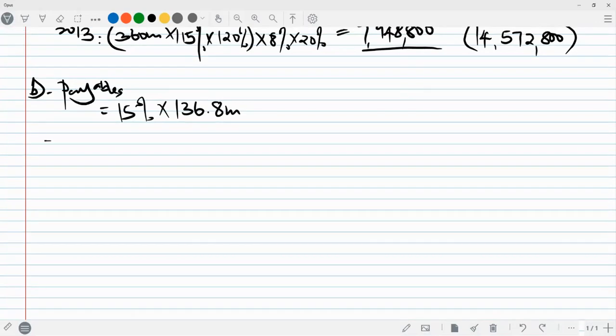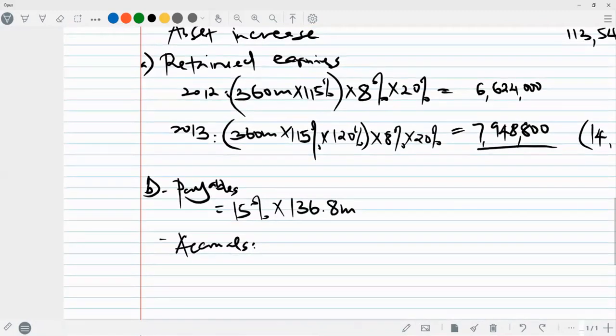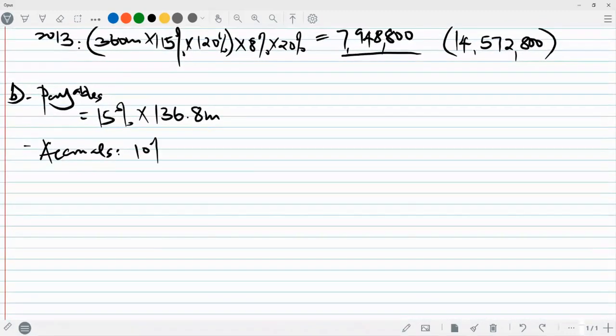The other financing comes from accruals, where the percent of sales for accruals is 10%. Therefore, 10% of the increase, which gives 13.68 million.